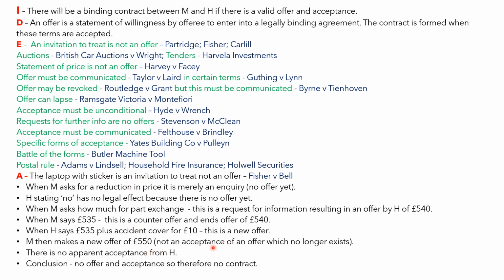She can't accept this offer anyway, even if it was one, because all of this discussion has resulted in lots of counter offers which have the effect of destroying the original offer. And there's no apparent acceptance from Harry of this offer of £550.